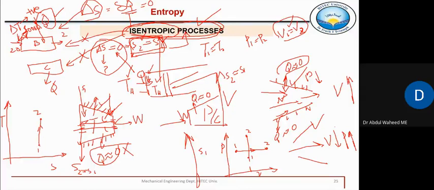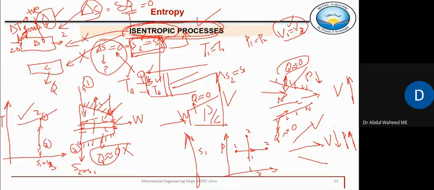So that ideal, theoretical or imaginary process is isentropic. And an isentropic process on the TS diagram will be exactly vertical. Right. For example, in this turbine process, fluid enters at 1 and leaves at 2. It entered at 1 at high temperature if it is a steam turbine, leaving at a low temperature.